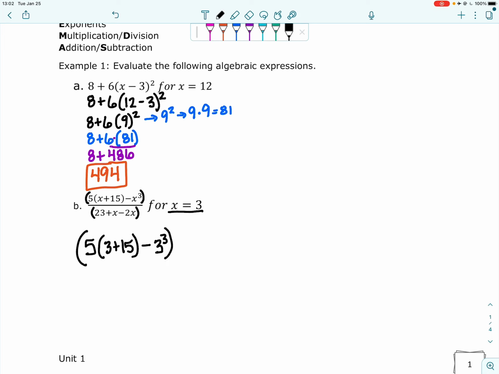That's what's up top. Divided by 23 plus 3 minus 2 times 3. The 2 next to the x here means 2 times x, so 2 times 3.